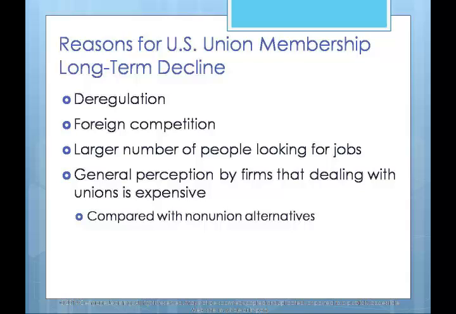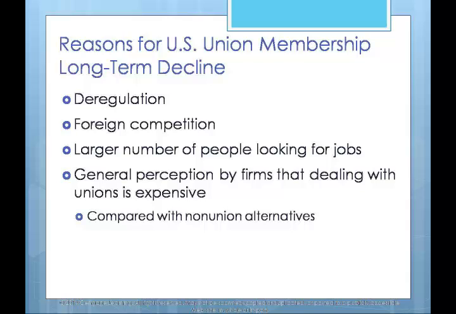So, reasons for U.S. union membership decline: long-term decline, deregulation, foreign competition, large number of people looking for jobs, general perception by firms that dealing with a union is expensive compared to non-union alternatives. And you have a lot more flexibility when you don't have a union environment.